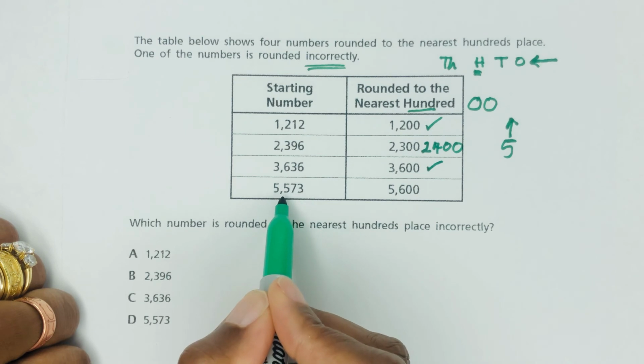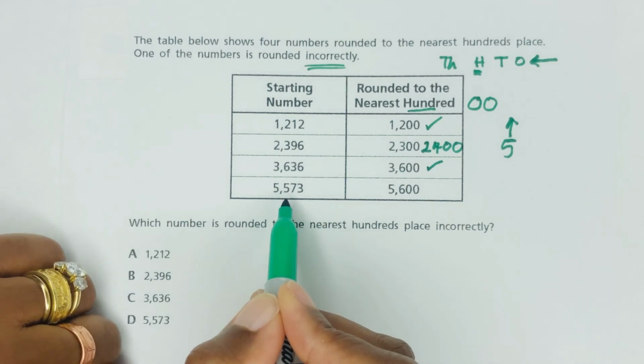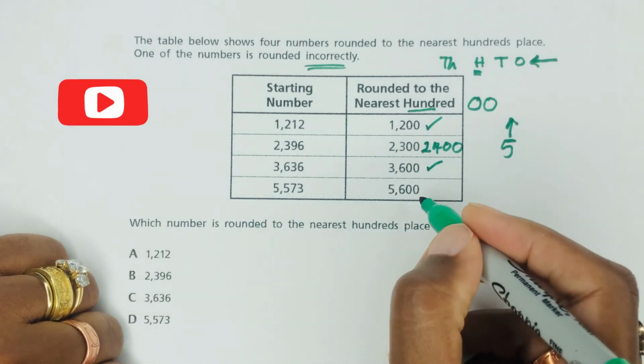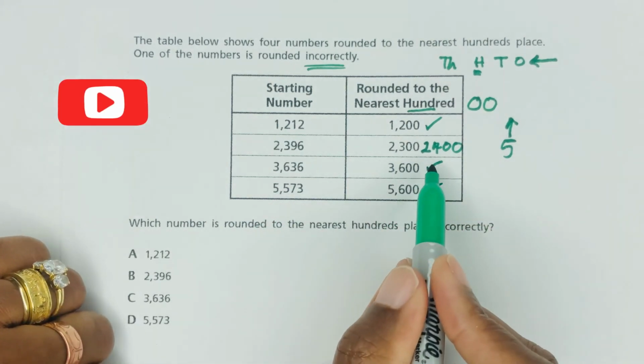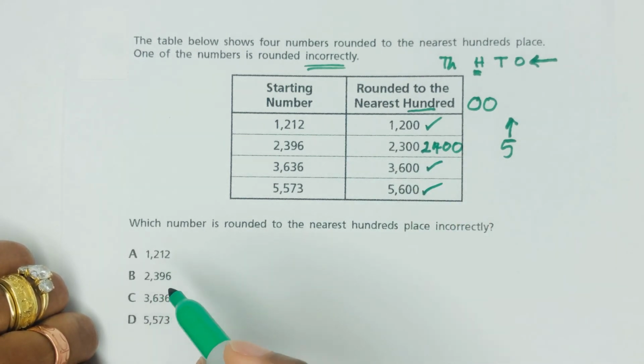So we're looking at the hundreds place, which is a 5. Then we're going to look at the 7 and see, is it 5 or above? Yes, it is. So then the hundreds place, give it a shove to a 6. So that's going to be 5600. Okay, so we can clearly see the incorrect one is B.